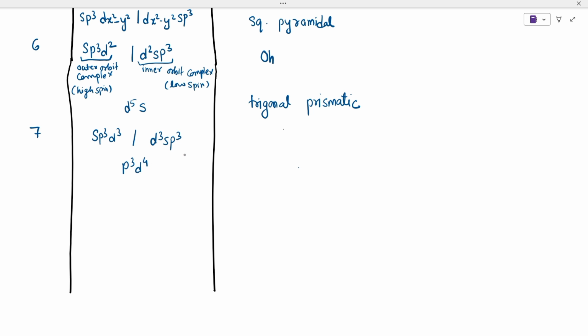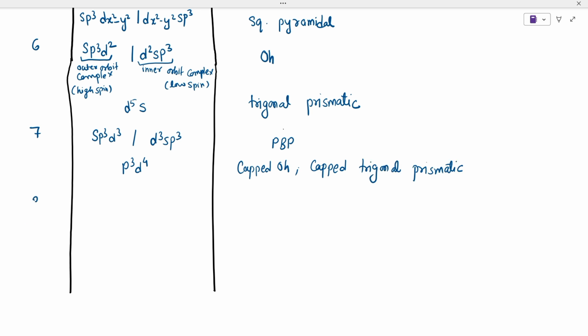If we have sp3d3 or d3sp3, we will get pentagonal bipyramidal geometry, and for p3d4 we will get capped octahedral, or we can say capped trigonal prismatic geometry.